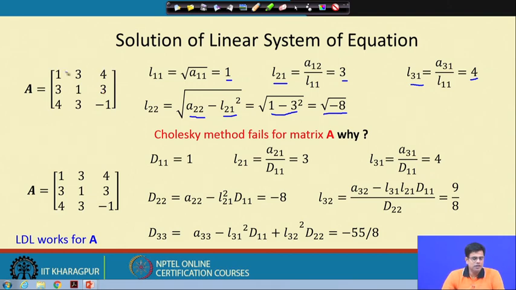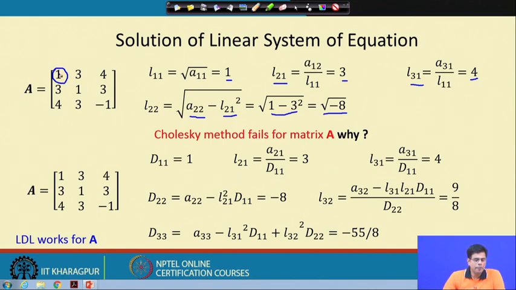Why? We can quickly see the reason. If you remember the third condition of the positive definite test, the determinant of all upper left submatrices has to be greater than 0. If you now test that, the first upper left submatrix is the first component of the matrix, which is 1, and the determinant of the scalar 1 is 1 itself, so it is greater than 0.